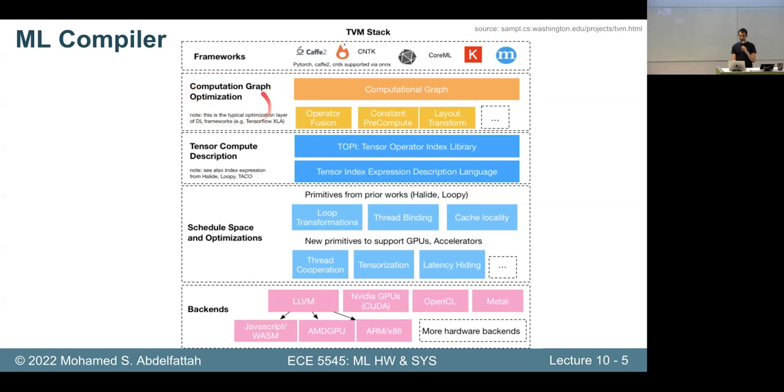And so there is this compute graph layer where we also do optimizations. Previously I said we only optimize on the intermediate representation, which is a lower level representation. Here we can do optimizations both at the graph level and at the IR or assembly level.